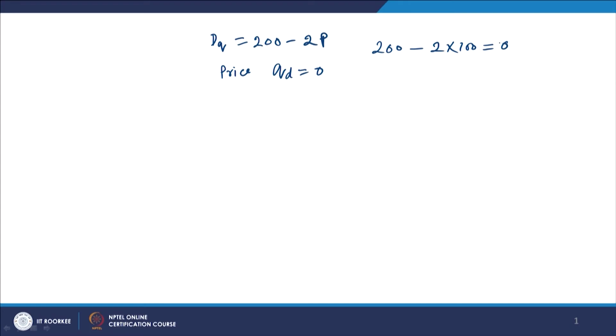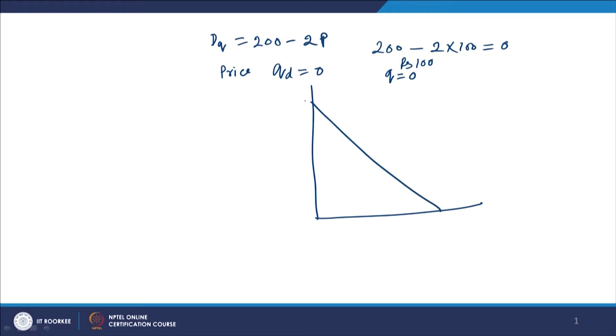So, you can see that if market price of the product is rupees 100, then the consumer is buying 0 quantity. So, this is the one extreme case, and if you draw a linear demand curve like this, at A and B, maximum if price is here 100, Q is 0.